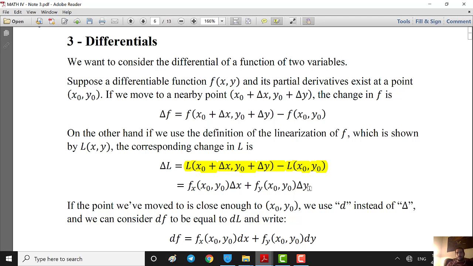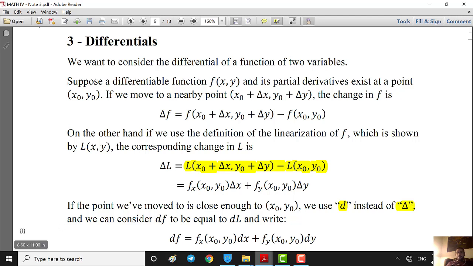Now, if the point we have moved to is close enough to the point (x0, y0), meaning that delta x and delta y are very, very small values, then we use d instead of delta to show that the change in the position is very small.